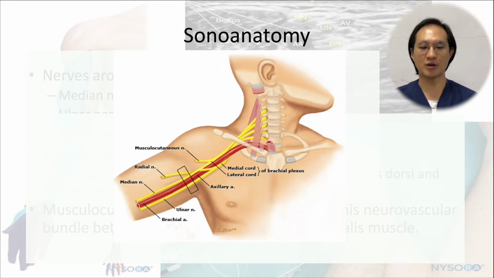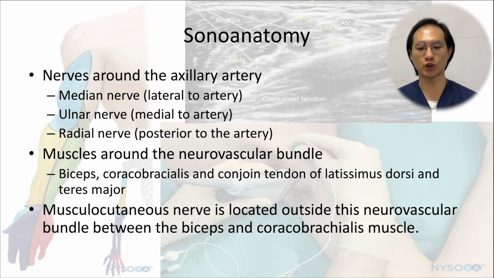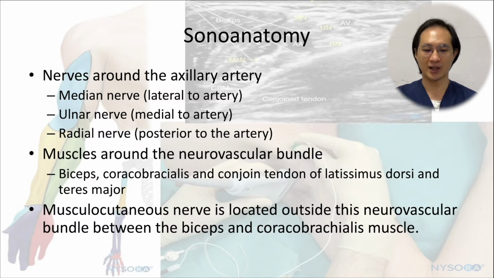However, all these nerves and the axillary artery will be inside a neurovascular bundle, which is formed by the biceps, coracobrachialis, and the conjoined tendon of the latissimus dorsi and teres major. The musculocutaneous nerve, which innervates the lateral side of the forearm, is located outside this neurovascular bundle, between the biceps and coracobrachialis muscle.